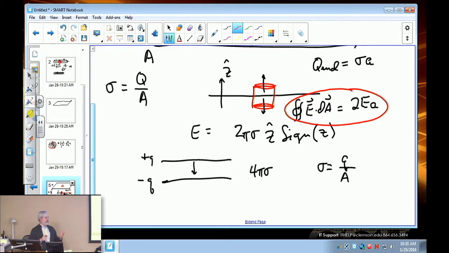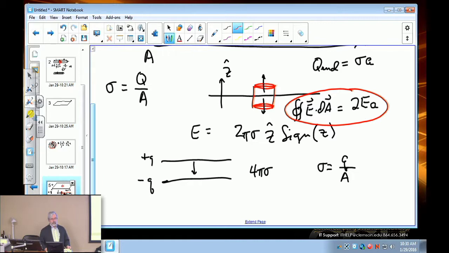So Gauss's law is always valid. It's just not so easy to apply unless you have really simple symmetry. In that case, you can see how nicely it gives a quick way of figuring out how the electric field behaves. That's why I make you go through this, because it's kind of neat to see. So any questions about electric fields?